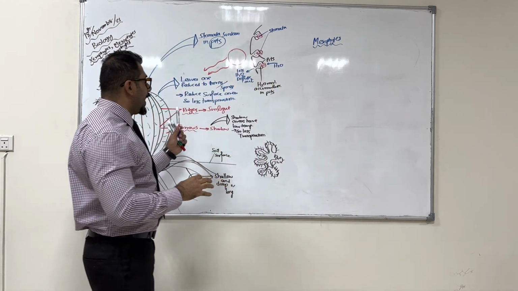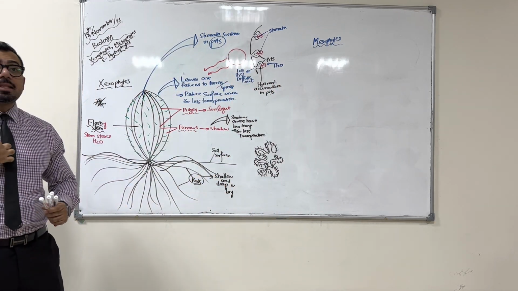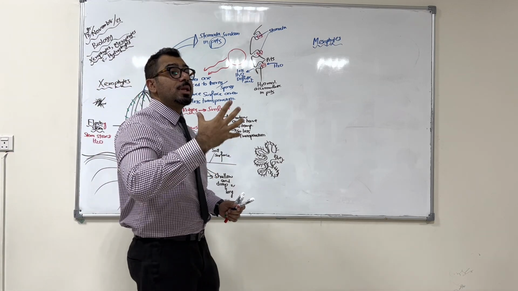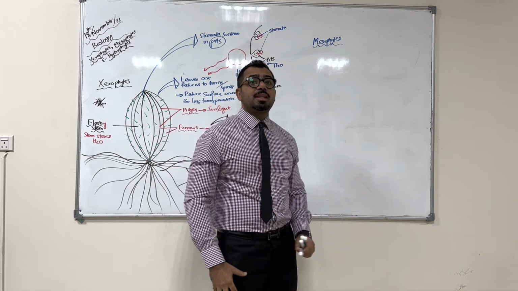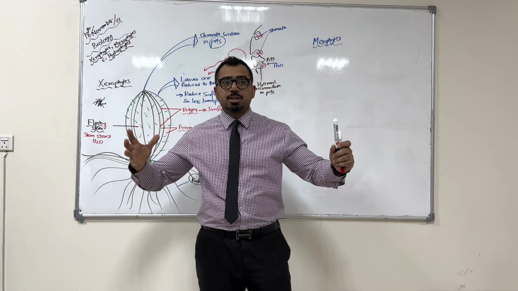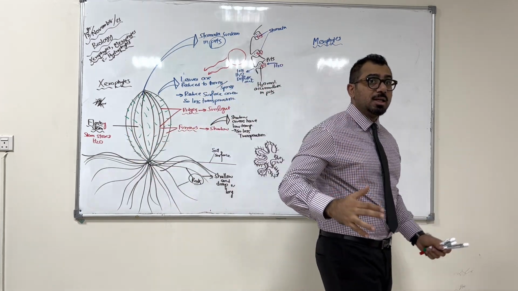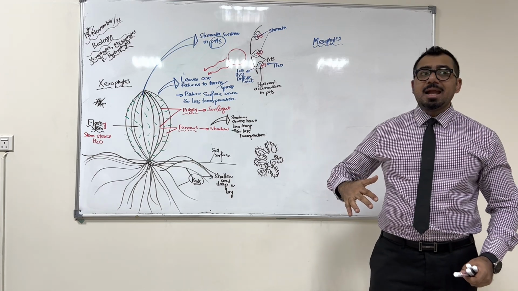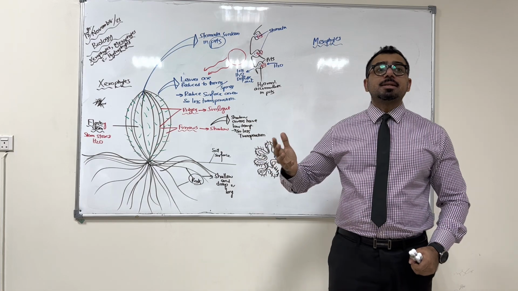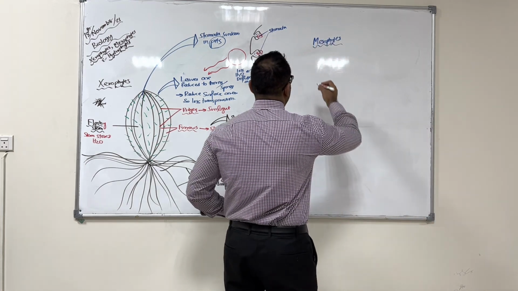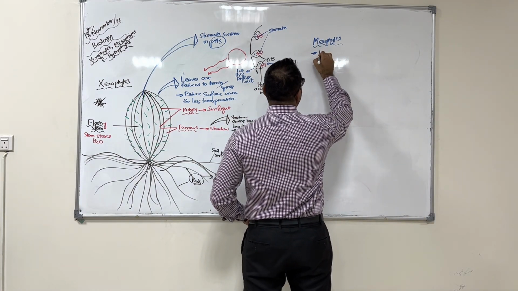So xerophytes were the plants in a habitat where very little water was available. Mesophytes are the plants which have a moderate amount of water available. It's not too low and it's not too high as well. Understand? So it's a moderate amount of water available. Let me mention over here.